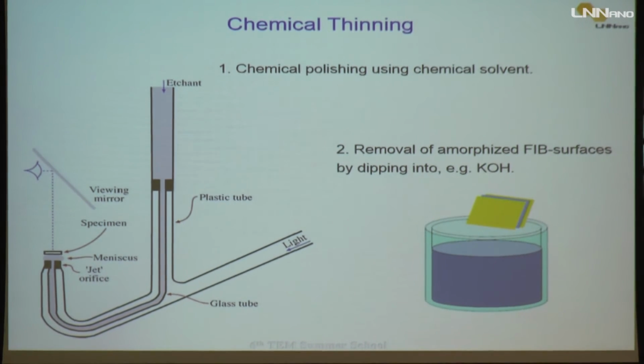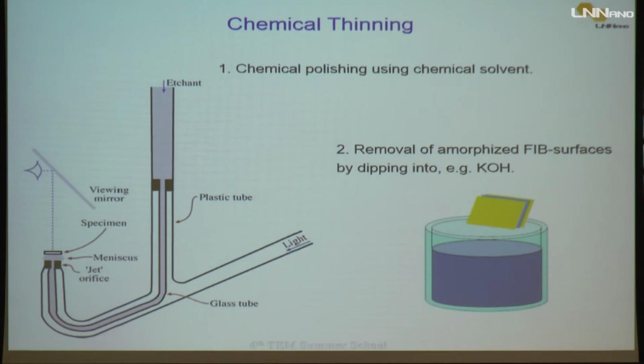All the tips or the roughness of your material will be removed preferentially, because the tips will be attacked first, until you have a very shiny, very plain surface, and it will become dissolved and dissolved until you get the electron transparency.